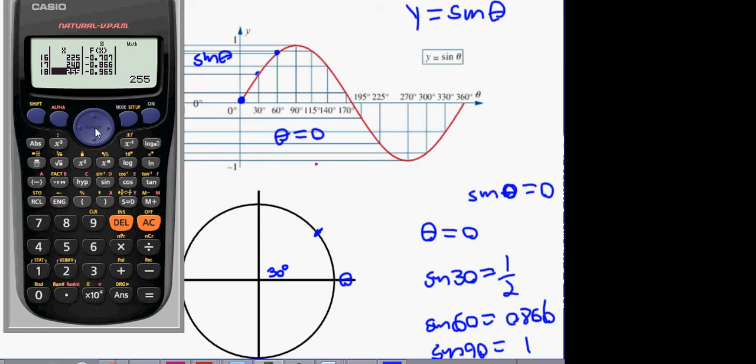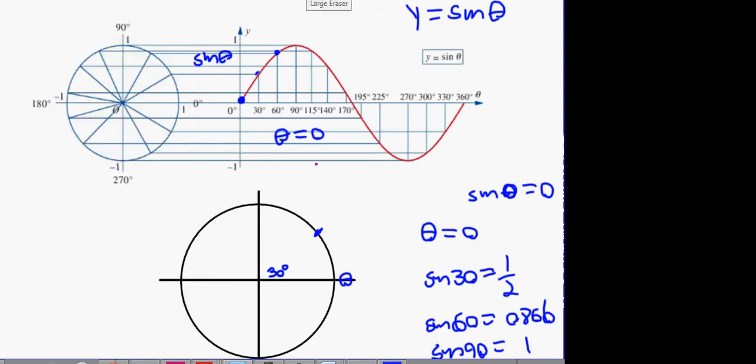So guys, are you understanding how you're going to draw this? 270 is minus 1. 300 is minus 0.866. And finally, 330 is minus 0.5, and 360 is 0.